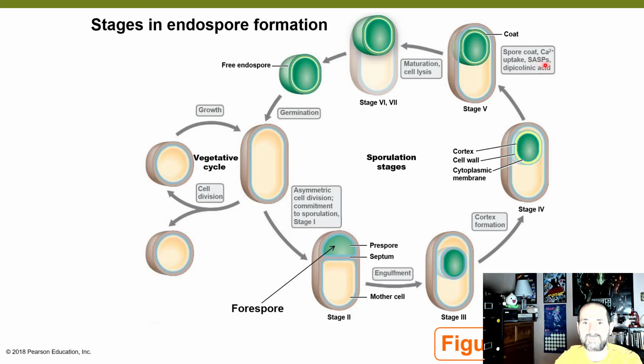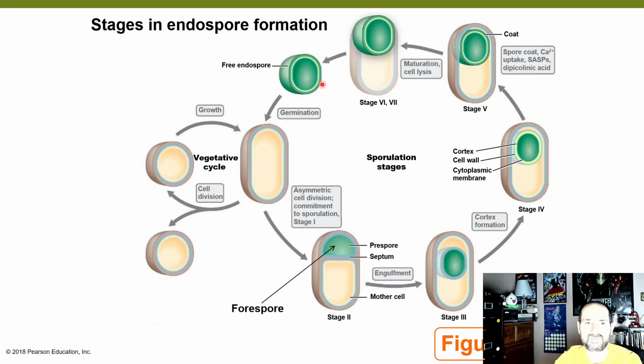Those SASPs and dipicolinic acid conjugate with calcium to dehydrate the core. The core dehydrates. And then there's maturation, and you have the mature endospore, and then there's lysis of the cell wall, which means that the spore releases to become a free endospore.